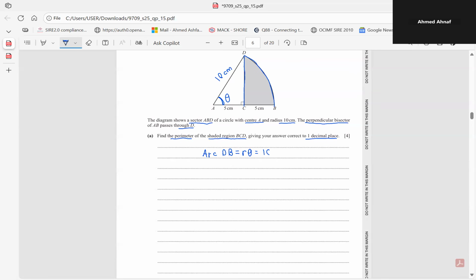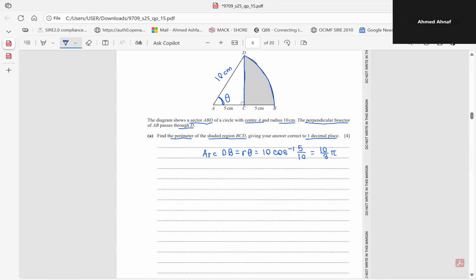So r is 10, and then theta is just cosine inverse 5/10. Make sure your calculator is in radian mode for this. So okay, we'll get 10/3 pi.